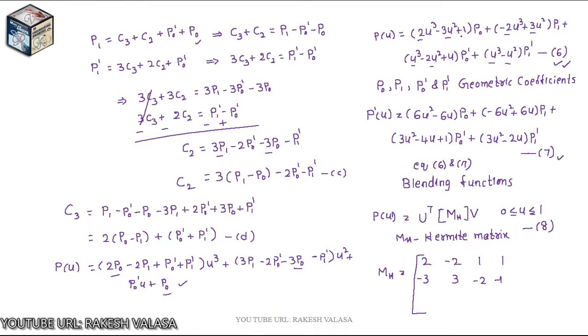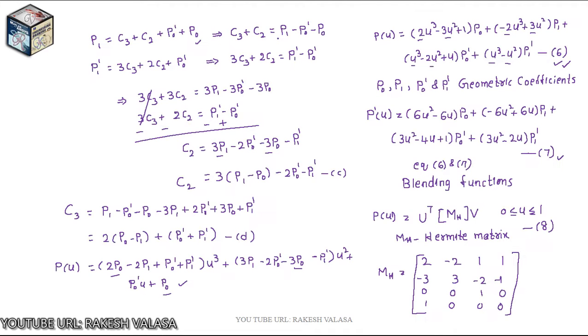Here in the first P naught, U is not there, so you can take 0. Next one 0 1 0. Now write the fourth row, the constants, that is 1 0 0 0. This is the Hermite matrix.